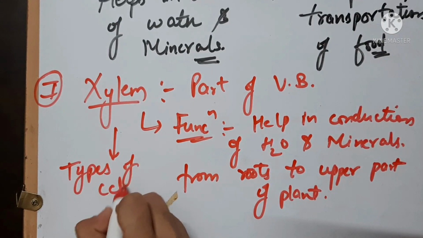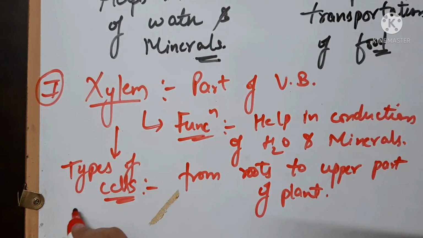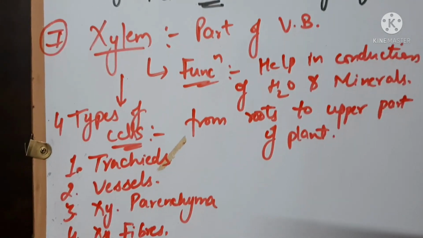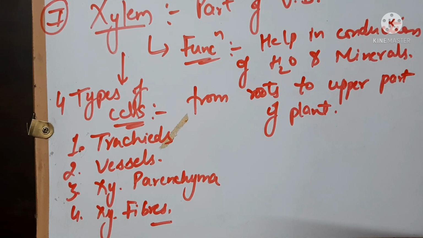Types of cells. It contains majorly 4 types of cells. First one is tracheids. Second is vessels, xylem vessels. Third is xylem parenchyma, and the fourth is xylem fibers. Let's have a brief introduction of all these.